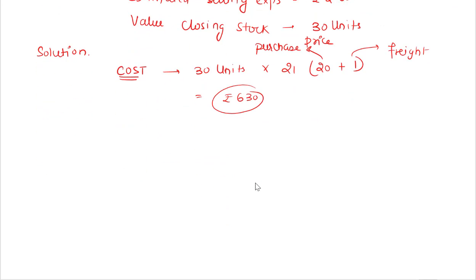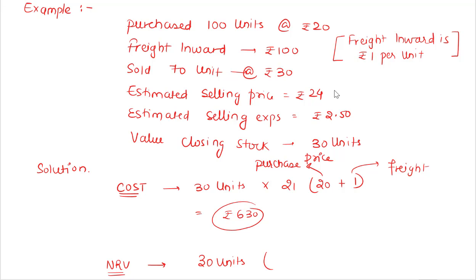Let's see cost. Cost is done. Let's see NRV, how we will calculate the net realizable value. So we have 30 units. The estimated selling price is 24, but the estimated selling expenses is 2.5.